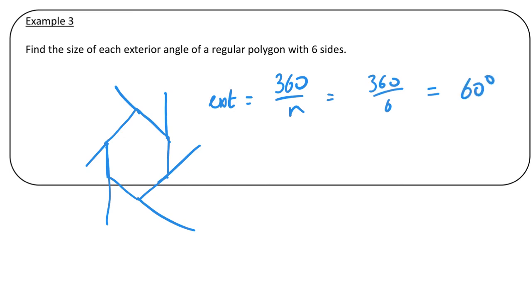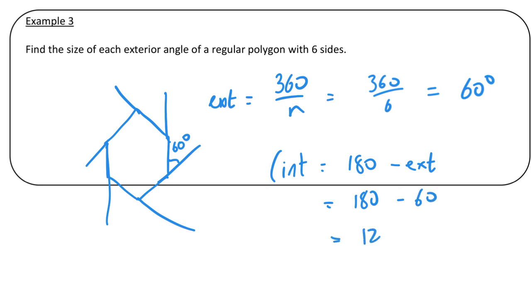So the exterior angles of a regular hexagon are all 60 degrees. And if we wanted to, we could work out the interior as 180 minus the exterior, which is 180 minus 60, which would be 120 degrees. So all the interior angles are 120.